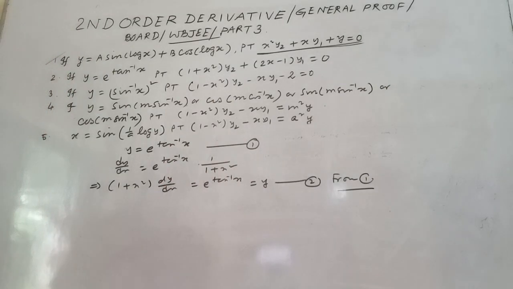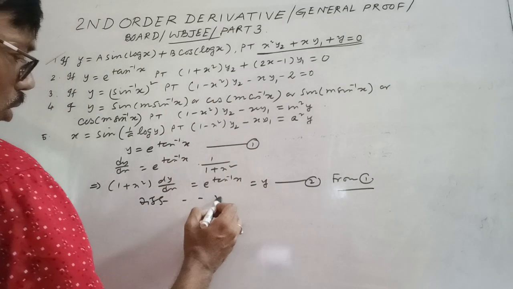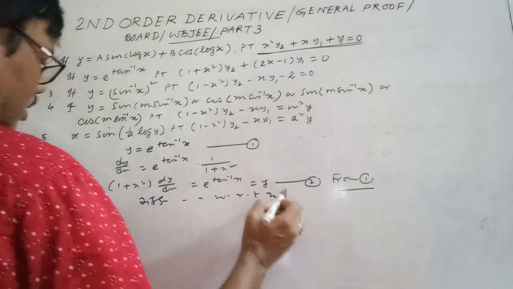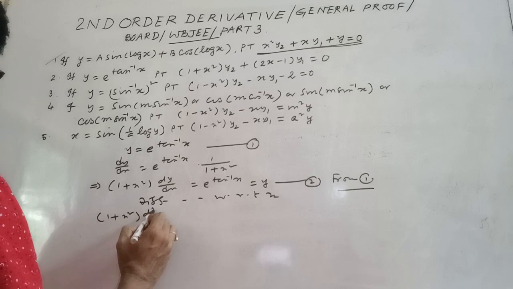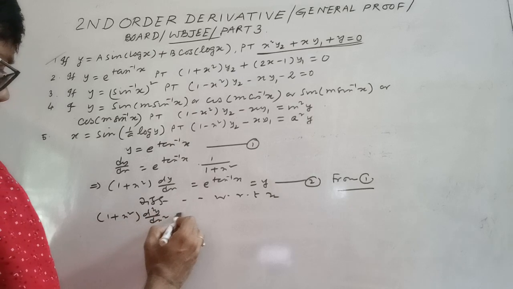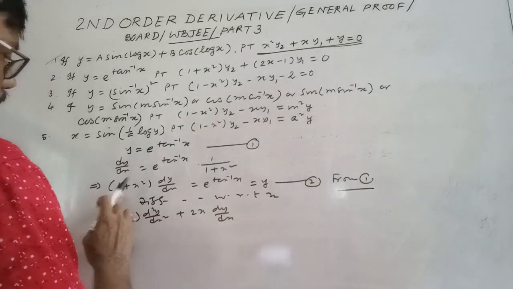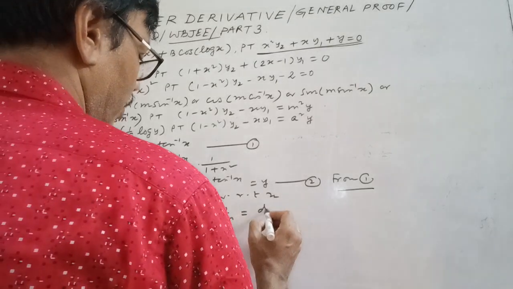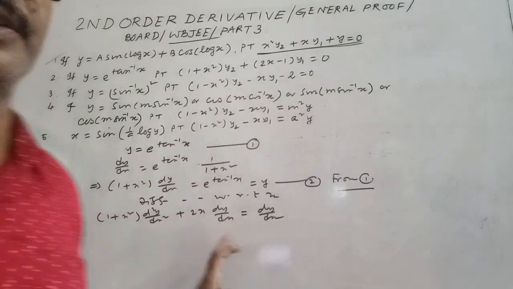Next, differentiating both sides with respect to x. So 1 plus x square unchanged, d2y by dx2, plus 2x into dy by dx, the derivative of 1 plus x square, and this one is dy. Now look at the proof.